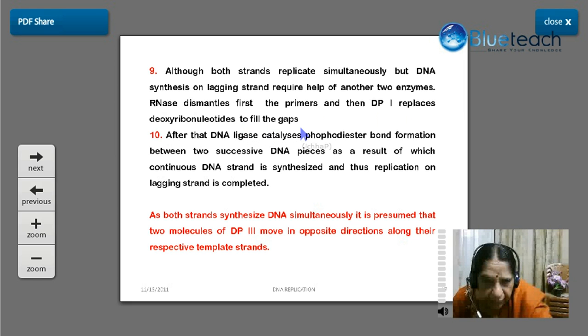After that, DNA ligase catalyzes phosphodiester bond formation between two successive DNA pieces, as a result of which a continuous DNA strand is synthesized and replication on the lagging strand is completed. As both strands synthesize DNA simultaneously, it is presumed that two molecules of DP3 move in opposite directions along their respective template strands.